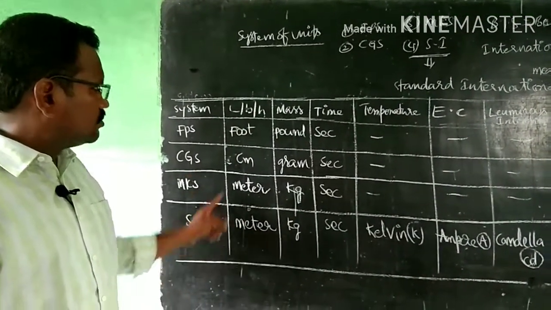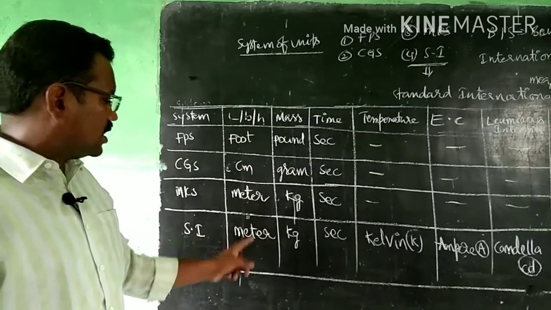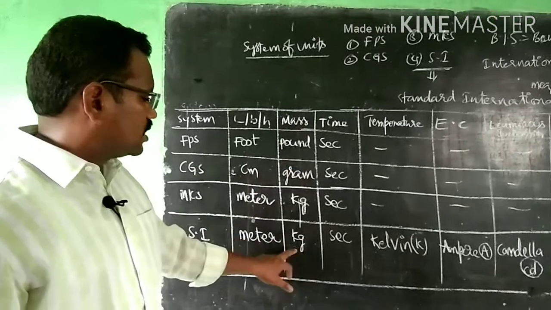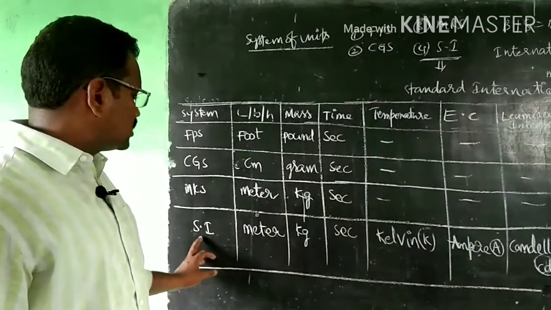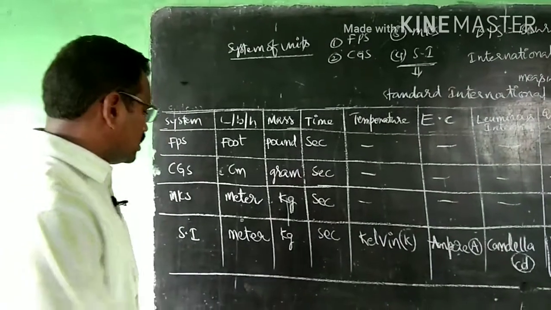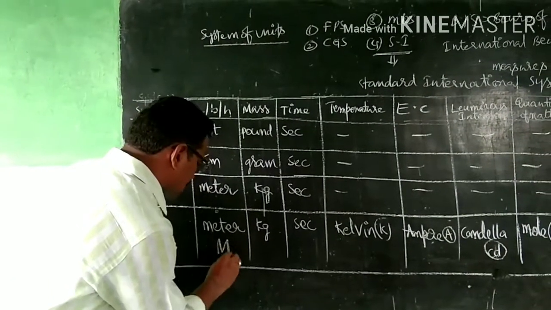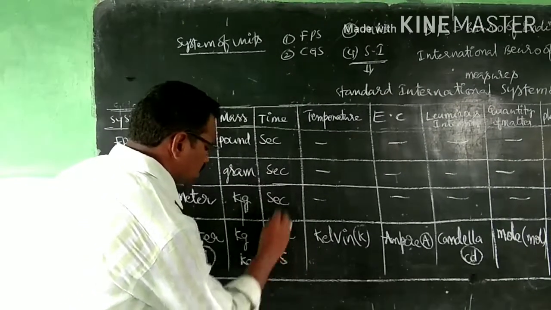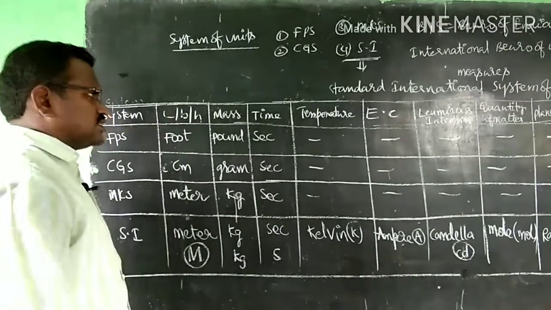The unit of mass is kg. The unit of time is second. Here, meter is represented by the letter M. Kg is always kg. Second is represented by the letter S.